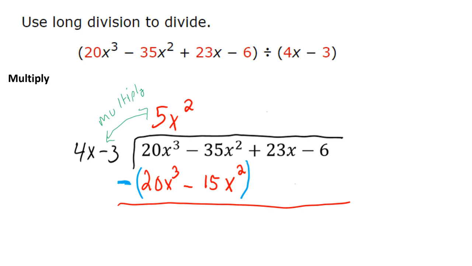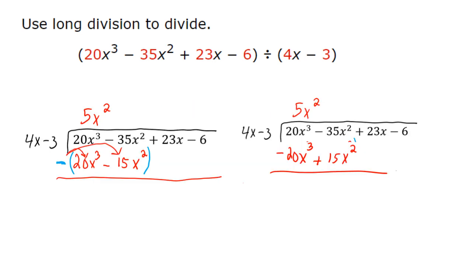That's why we put these parentheses here, because this negative symbol, or subtraction, I need to distribute to these two terms. Once I distribute that negative symbol, negative times a positive gives me a negative 20x cubed. A negative times a negative gives me this positive 15x squared.